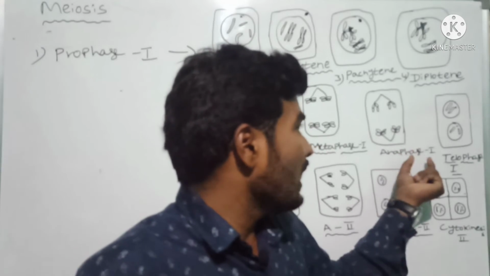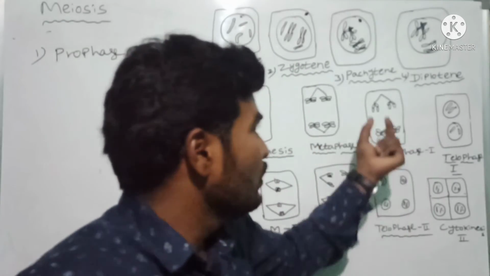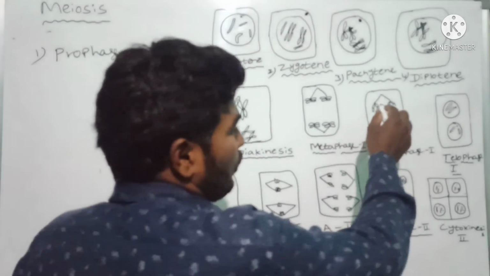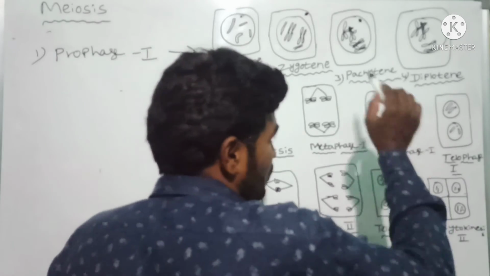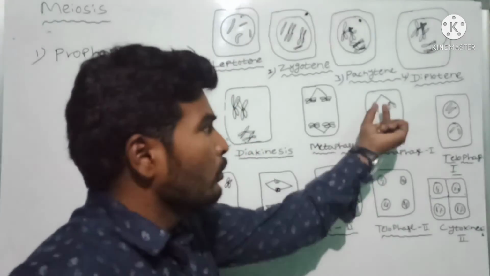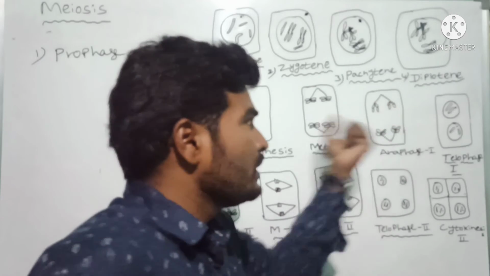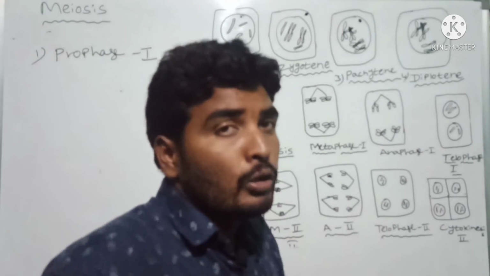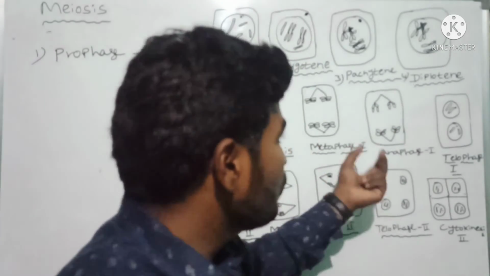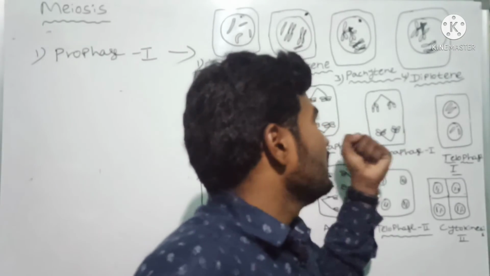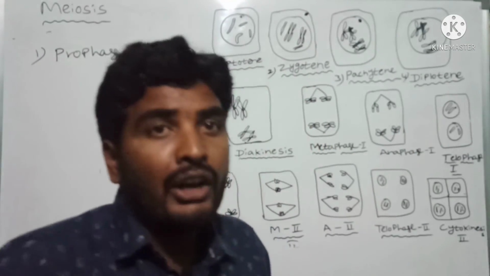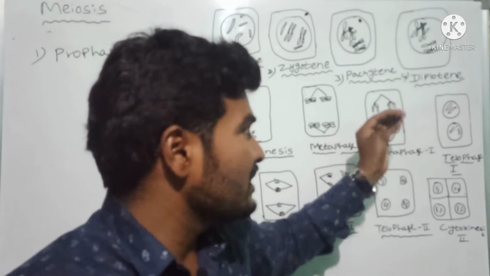But what happens in anaphase 1? Look at this picture. Bivalent chromosomes move to opposite poles. Bivalent chromosomes can move to opposite poles due to chromosomal segregation. So how are the bivalent chromosomes separated? Due to chromosomal segregation.